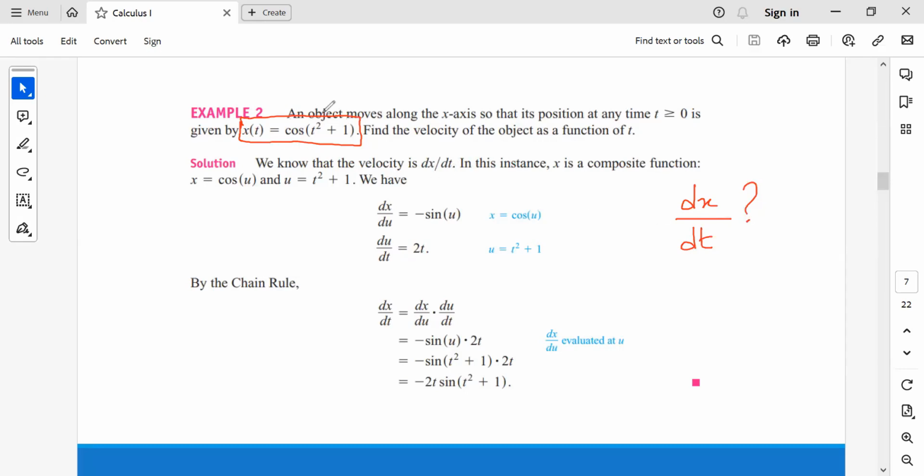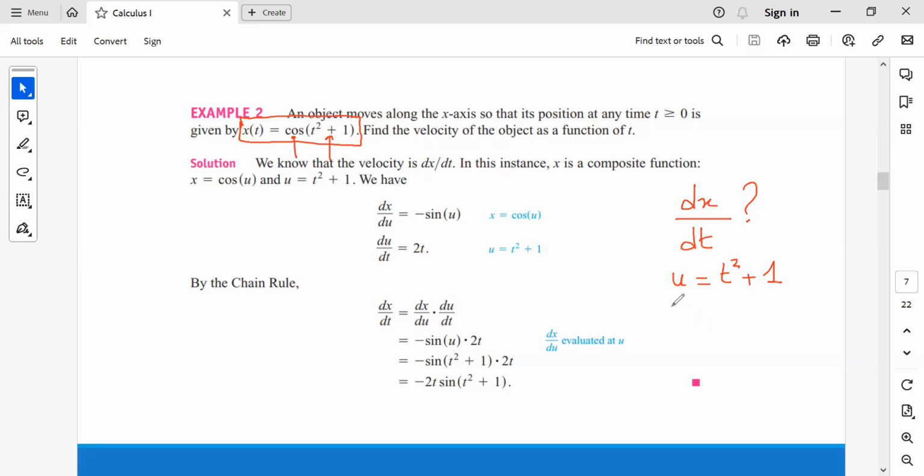And we see that our function x of t is a composition of two functions, the cosine function and the polynomial t squared plus 1. So we can, for example, introduce a new variable u equals t squared plus 1.